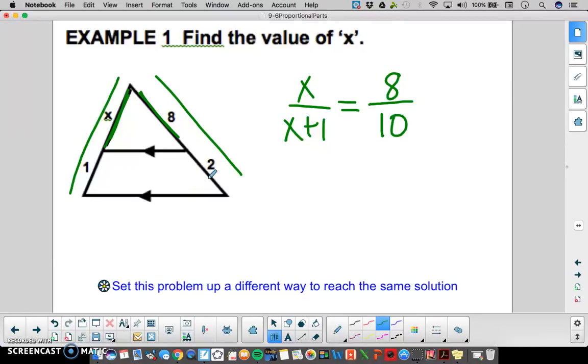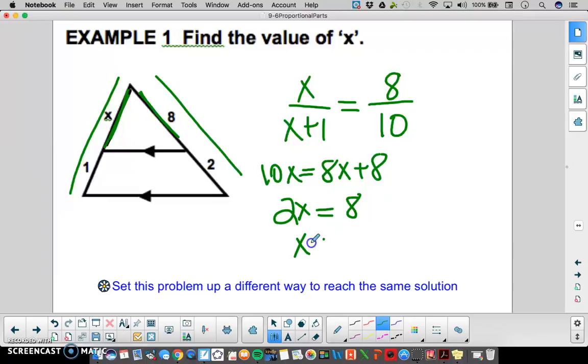From here, you just solve the proportion. So you have 10x equals 8x plus 8. Then subtract 8x and get 2x equal to 8. Divide by 2, and x is 4.